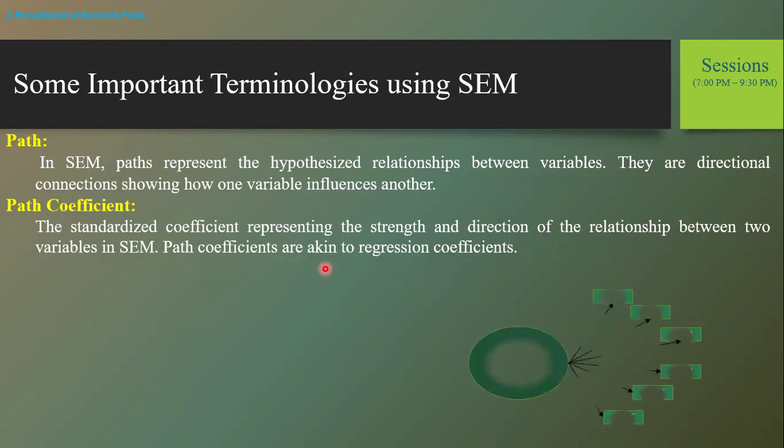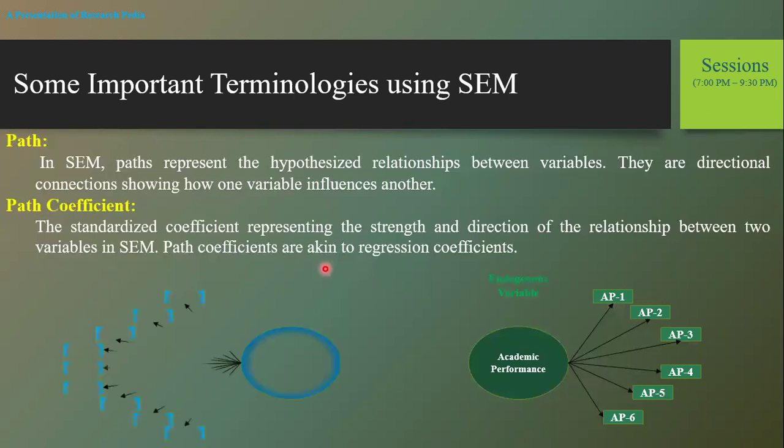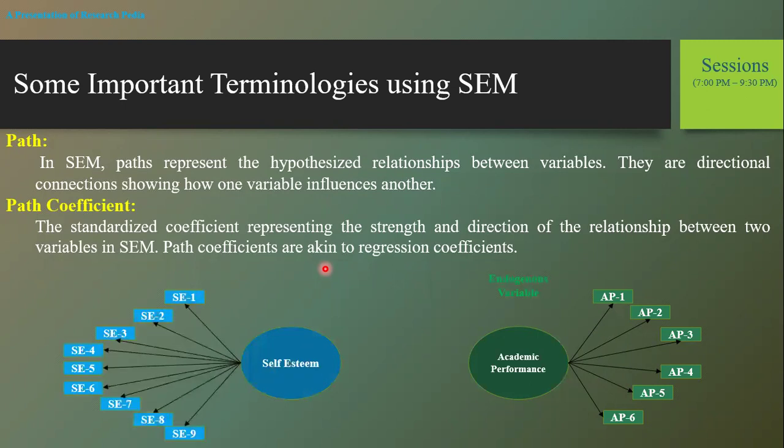So how can we understand the path coefficient and path? You may have an endogenous variable and an exogenous variable, and you are going to see the impact of self-esteem on academic performance using some arrow. This arrow is basically the path between self-esteem and academic performance.